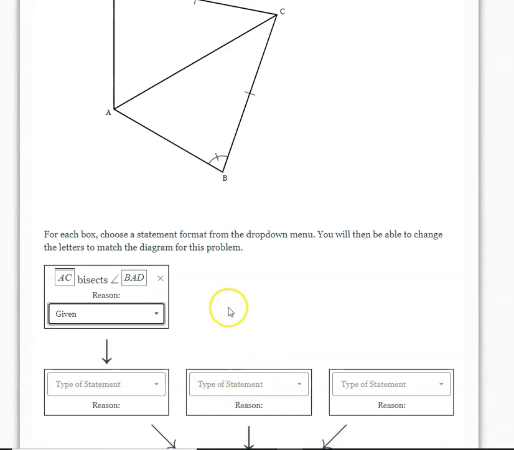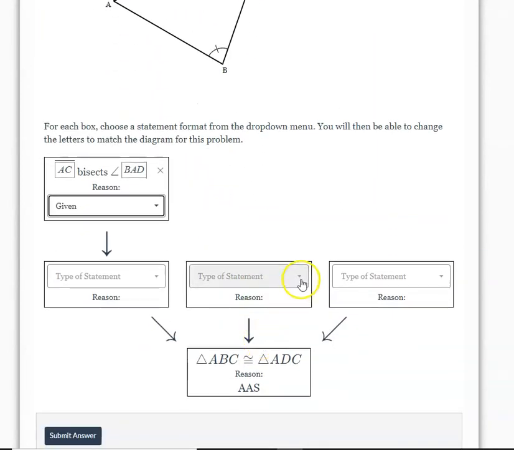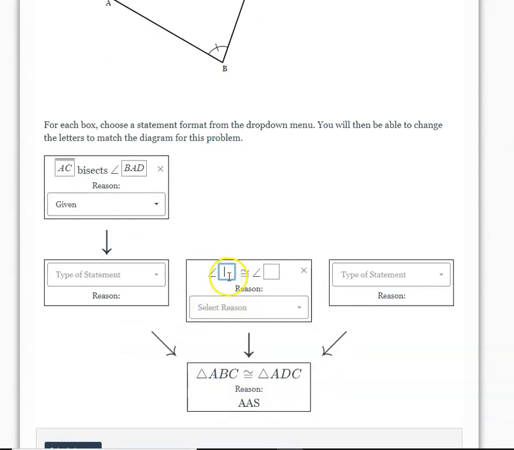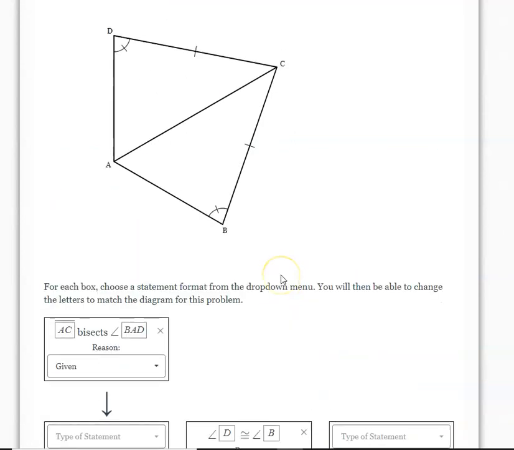Now, another piece of information given to us is angle D and angle B are congruent. So that's the second thing. So these are angles, and that was D and B. And that information was given to us. And then we have two segments that are congruent.